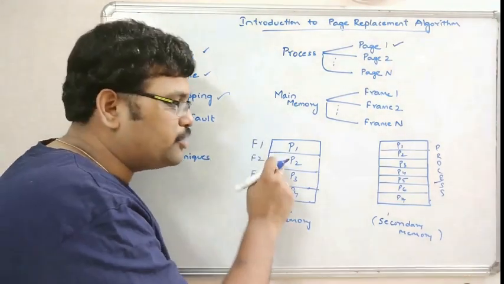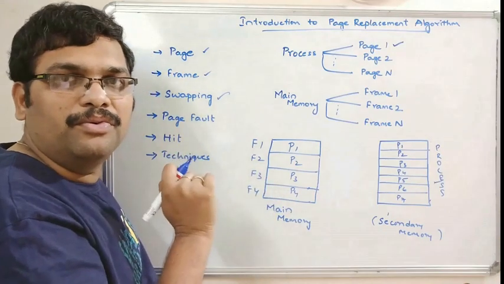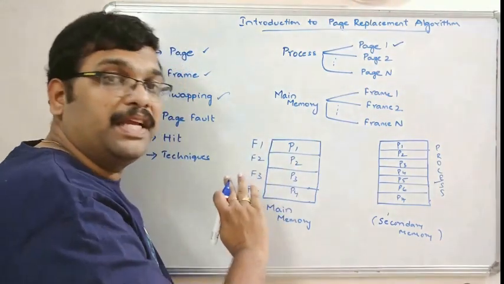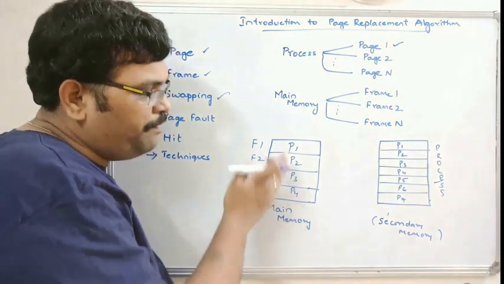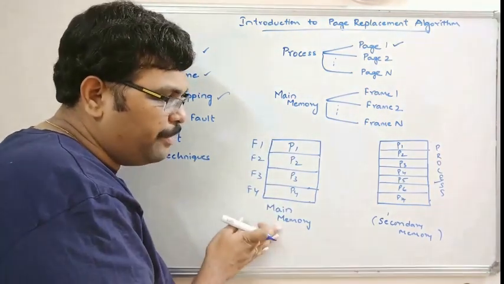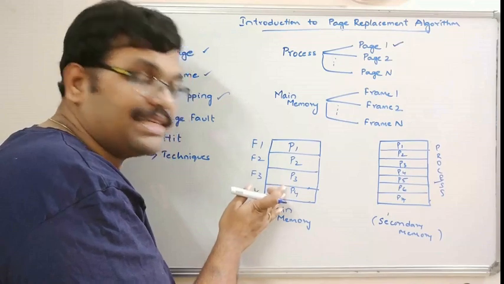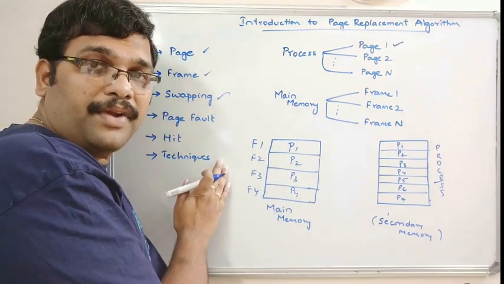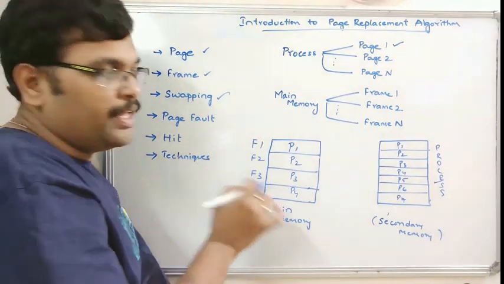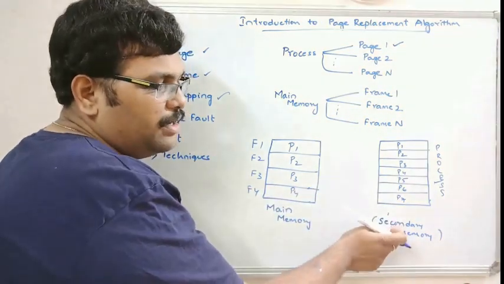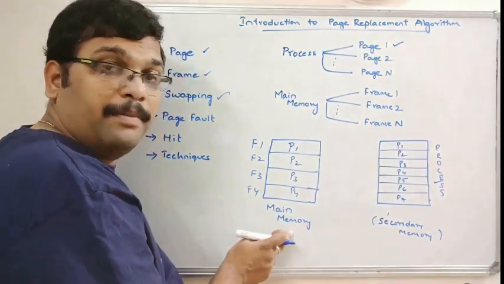And if the frame is not available, what do we have to do? One page should be replaced with the required page. In this example, there are 4 frames in the main memory and the 4 pages are already filled in. Now the processor wants to execute page 5, so page 5 should be loaded from the secondary memory to main memory.